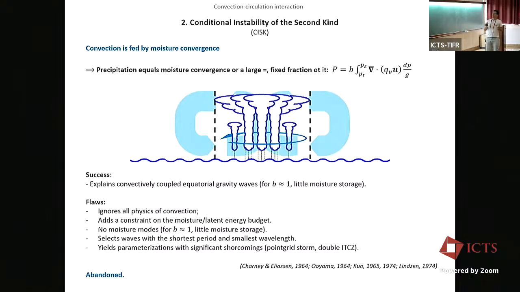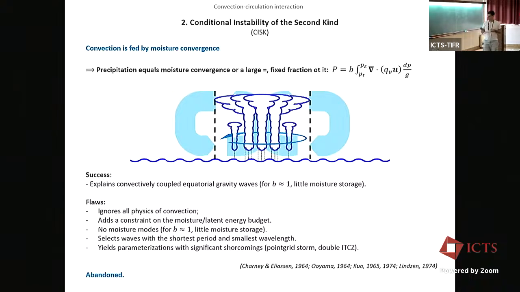Now, I think by the mid-80s, this idea was completely forgotten. Well, because there was that missing link between dynamics and convection. It was essentially the large scale was controlling convection too much. That systematic link wasn't giving space for an actual interaction.